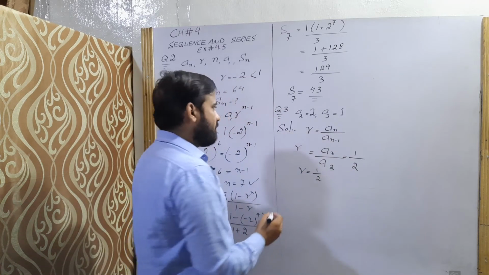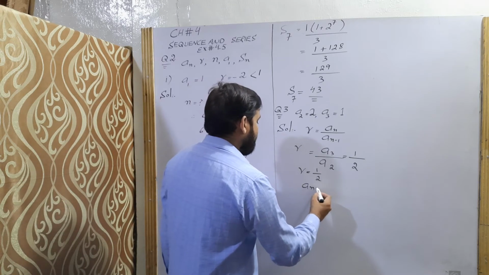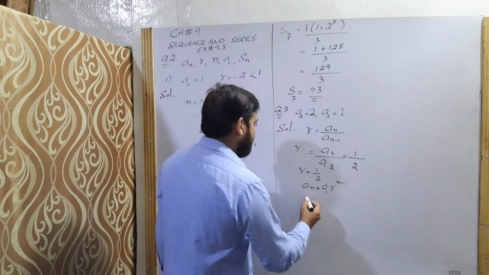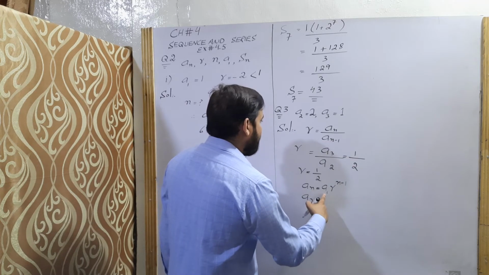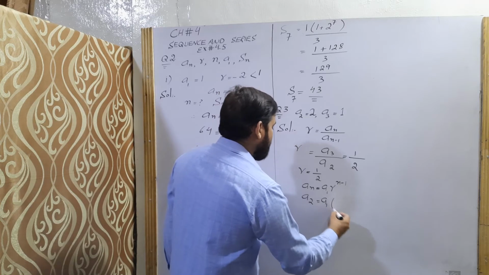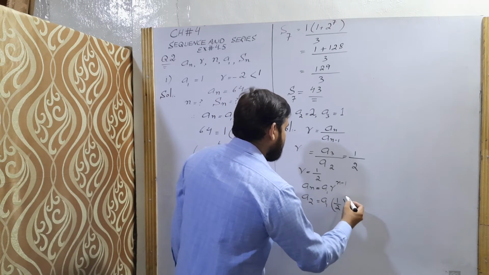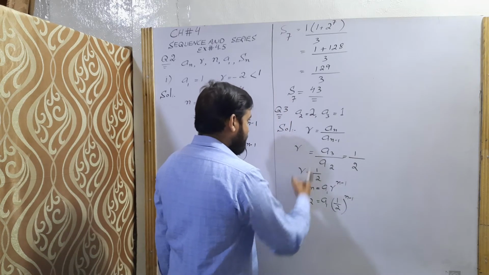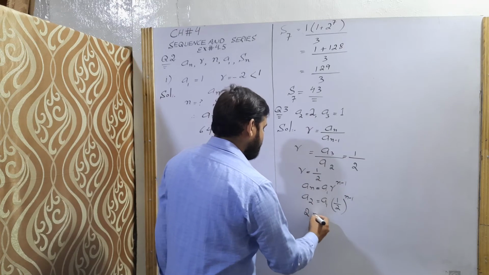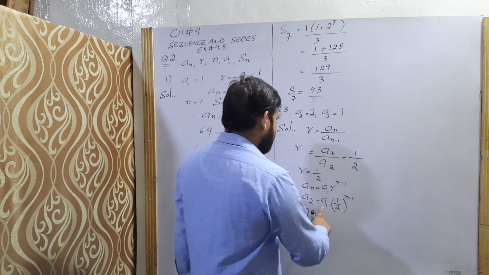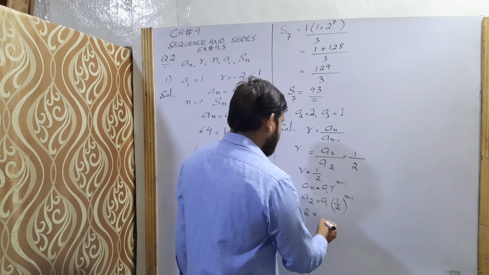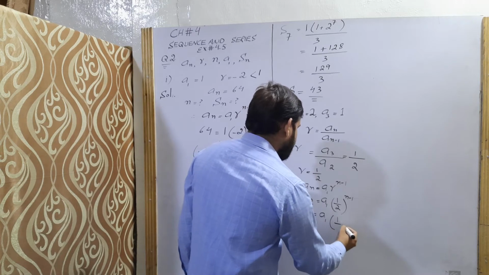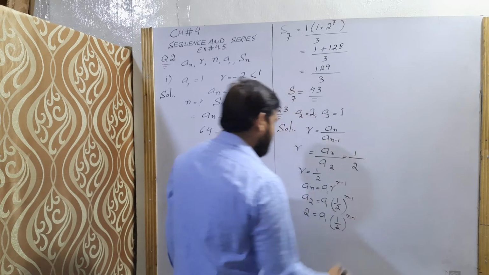How we find first term? We know that an is equal to a1 r raised to power n minus 1, replace n by 2, so this is a2, a1 there is a question mark, r in this case is 1 by 2, n minus 1. So a2 in this case is 2, and a1 in this case is, we have to find a1, 1 over 2 n minus 1.